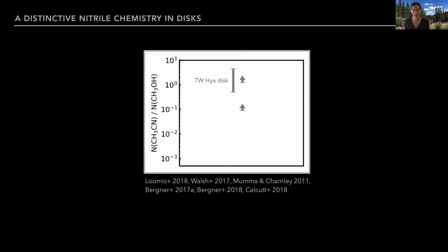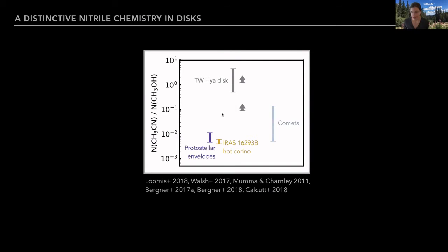All right, so how does this complex nitrile chemistry in disks compare to the earlier stages? Here I'm showing the methyl cyanide to methanol ratio, methanol just being the oxygen-bearing analog of methyl cyanide. This measurement has only been made for one disk, the TW Hydra disk, where the ratio between these molecules is about unity. And we have 2 other upper limits or lower limits that are also consistent with a ratio of about unity.